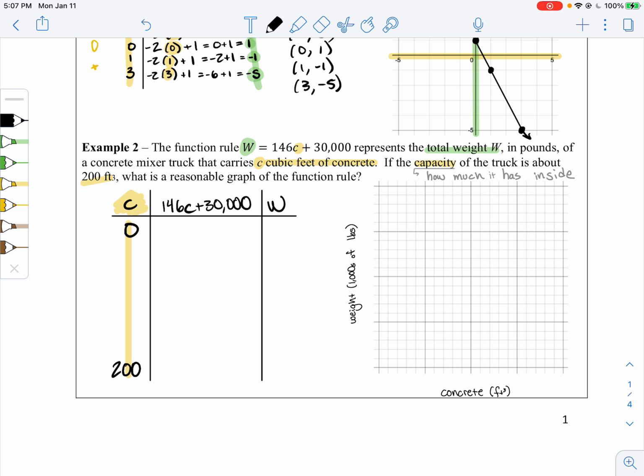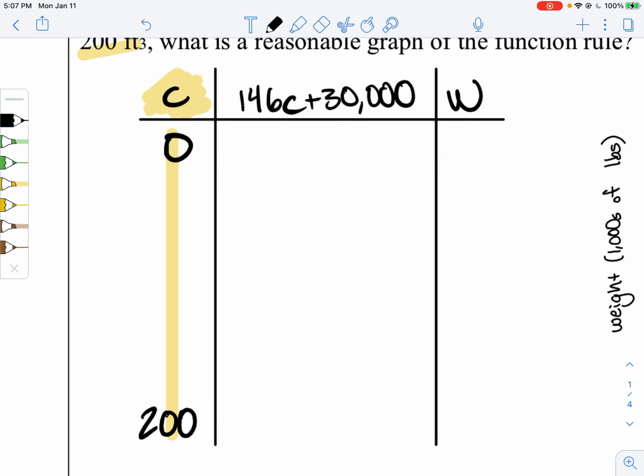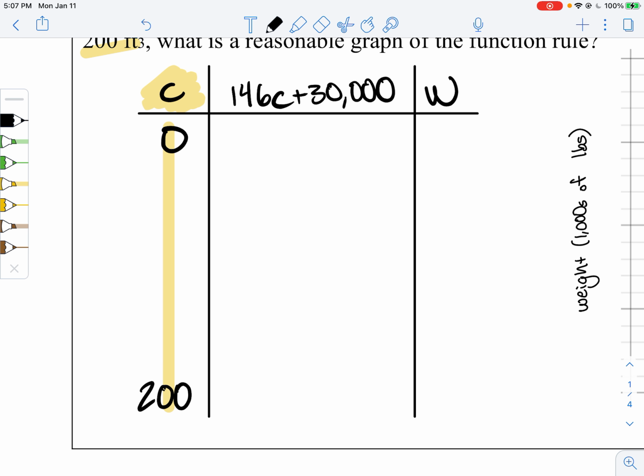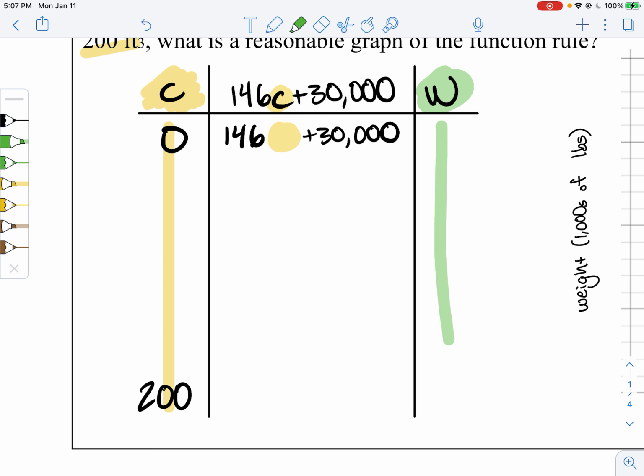So now we need to figure out what our W is going to be. We take our C's and plug them in for C here. That would be 146 times whatever our C is plus 30,000. Whatever that comes out to be, that's going to be our weight.